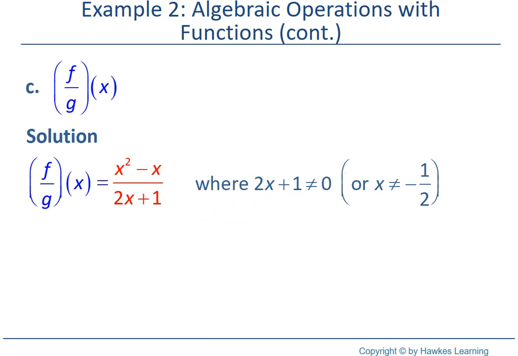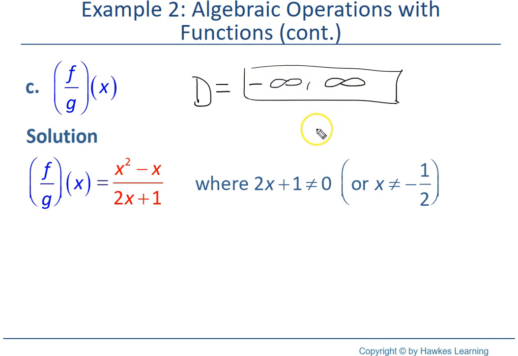When we define the domain of something like this, remember domain would be your x values, and then often it's from negative infinity to positive infinity. But here we have to be careful, because if x were to make our denominator a 0, then that value of x is not included in the domain. And they're showing us that.